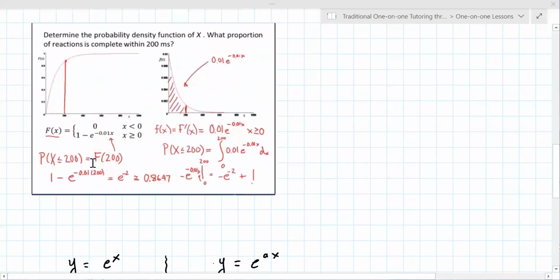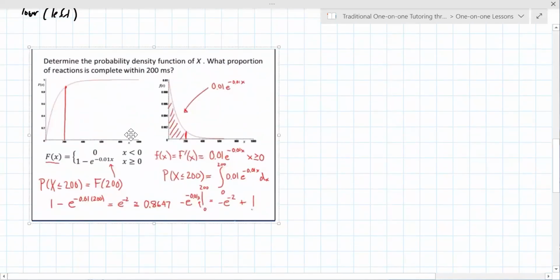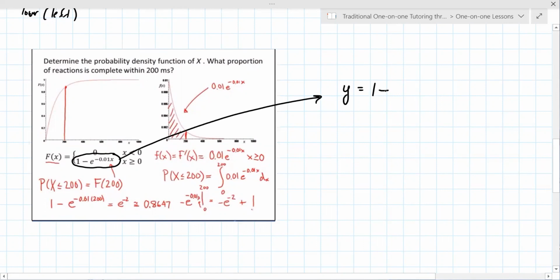All right, so if we go back to your question, which is this one right here, they're basically asking for the derivative of this. If y equals 1 minus e to the minus 0.01x, the derivative is, and there's a little bit more here, okay? The derivative of 1, the derivative of a constant, is always 0.